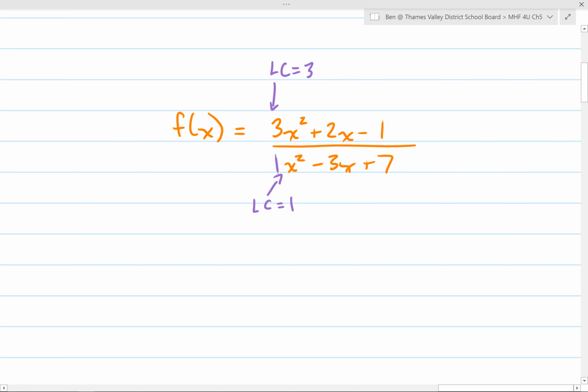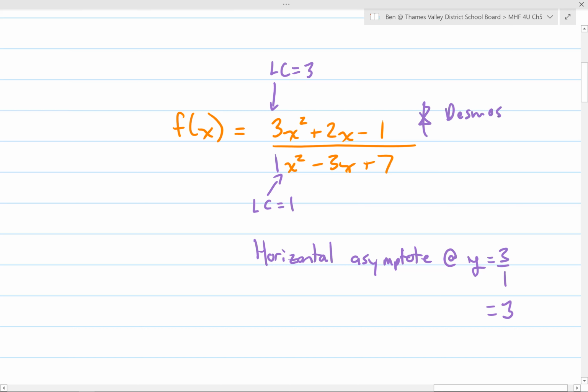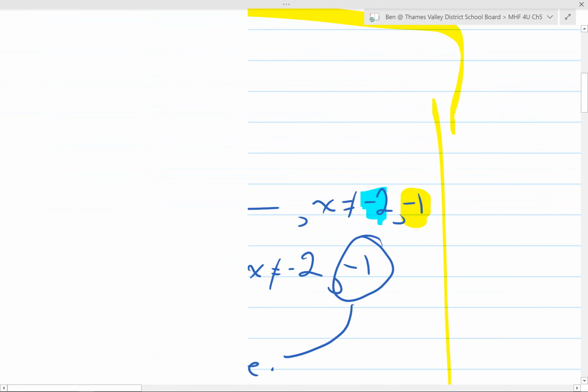So here I would have a horizontal asymptote at y equals 3 divided by 1, that's y equals 3. And if you would like, you can put that into Desmos to double check it. We're looking to have a horizontal asymptote at the leading coefficient of my numerator, which is 3, divided by the leading coefficient of my denominator, which is 1.